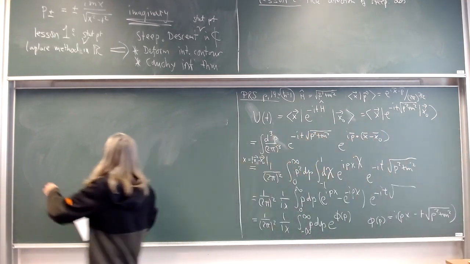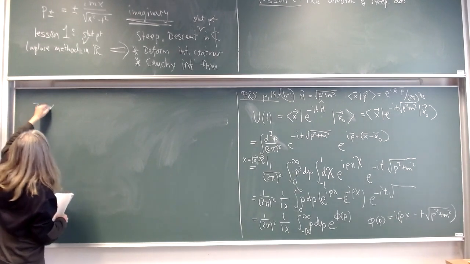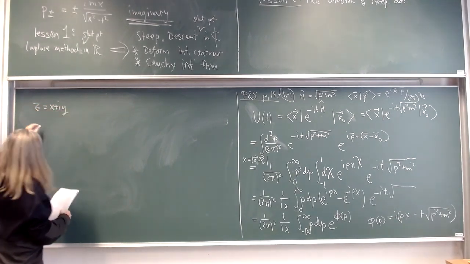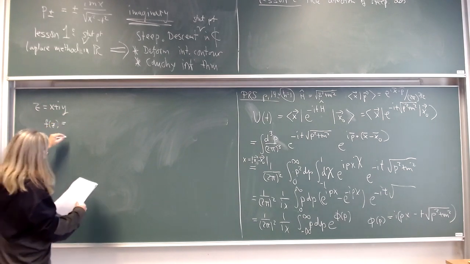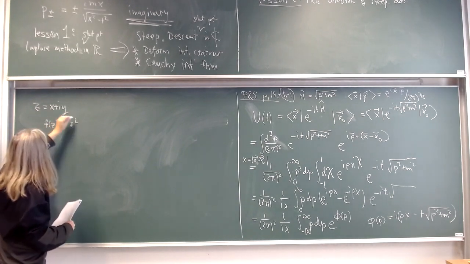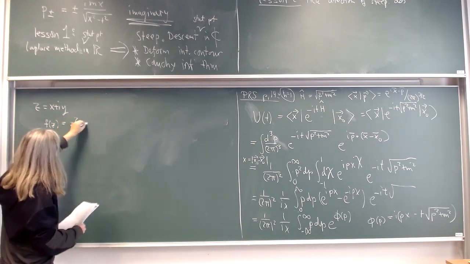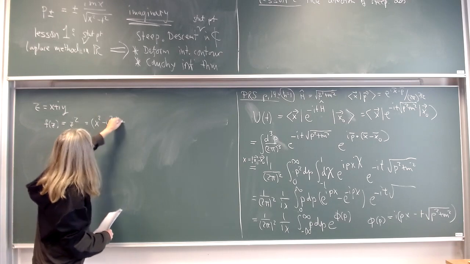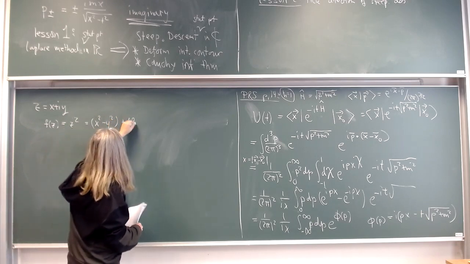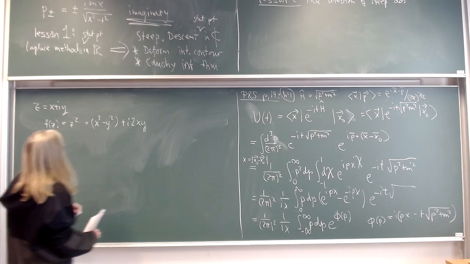So let's look at a function f of z equal to z squared, which is of course x squared minus y squared plus i 2xy.